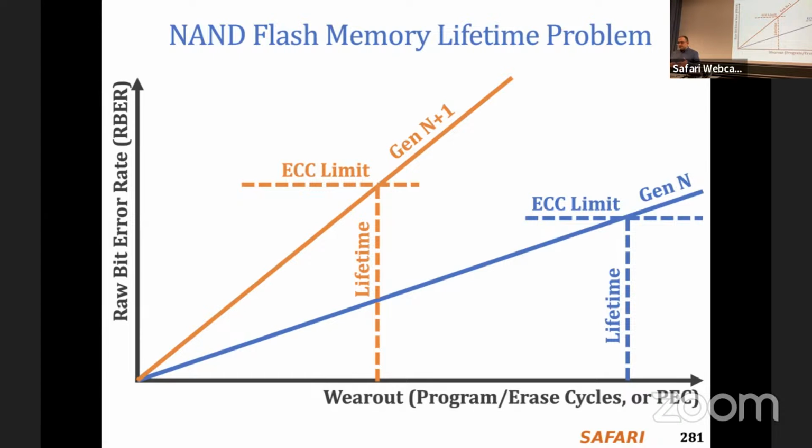And it is one of the reasons that we have done a lot of work in this area to make the flash controller more intelligent in order to push the boundaries of the ECC limit. We know that we are bottlenecked by ECC and the cost is exponentially increased. So you want to make your flash controller more intelligent such that you can push the boundaries and have better lifetime considering a reasonable overhead for ECC.